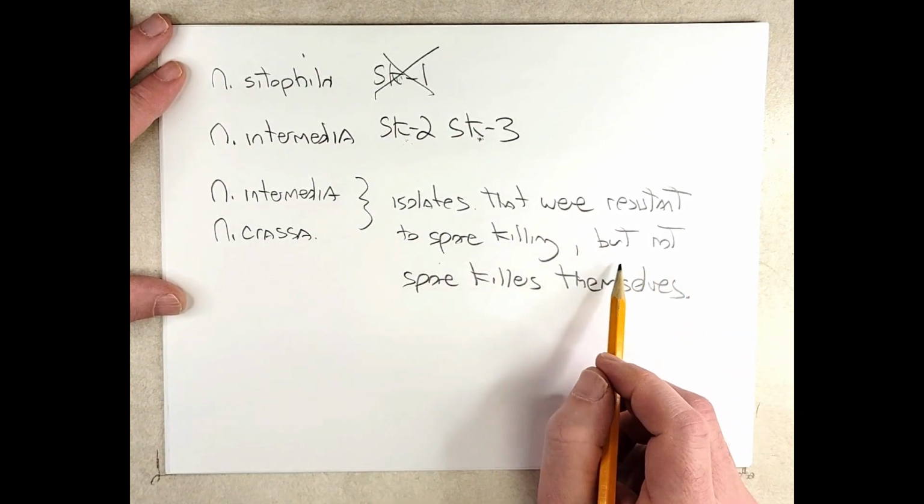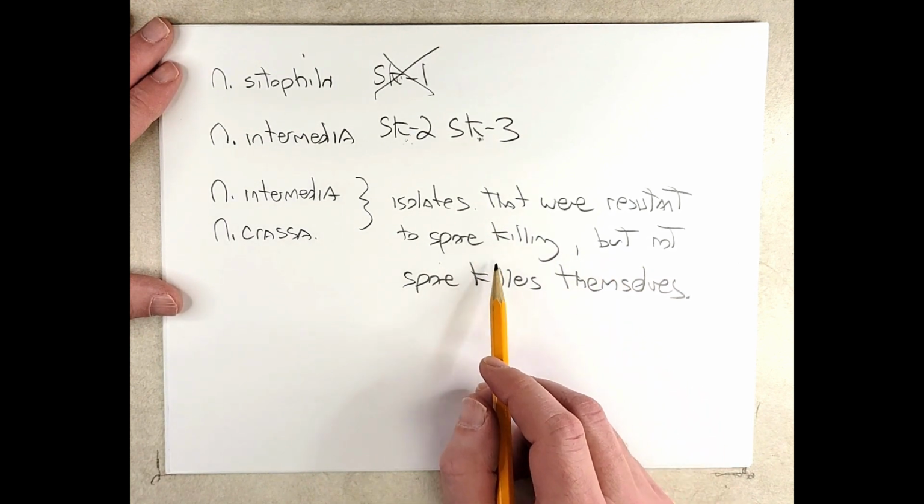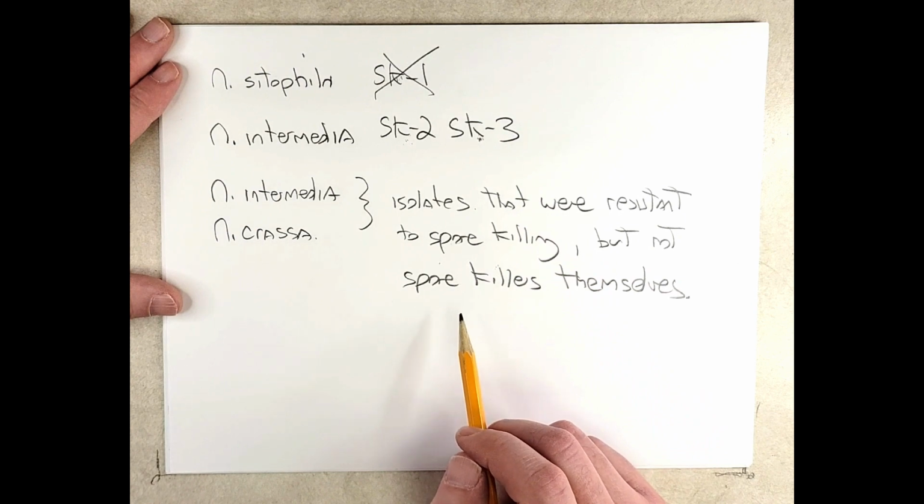And this finding turns out to be really important for making big advances in our understanding of how spore killer works. A description of this will come a little bit later.